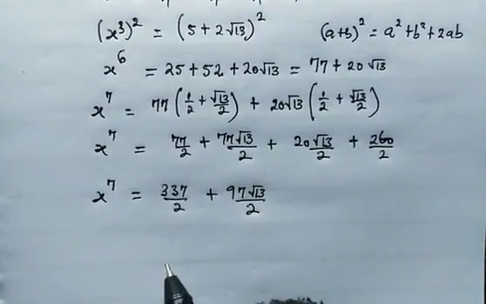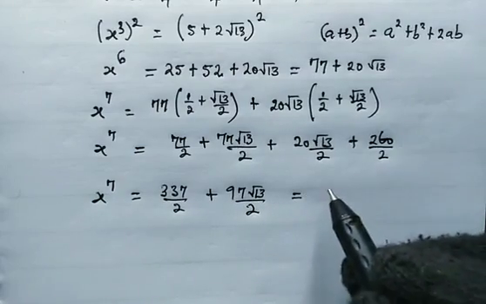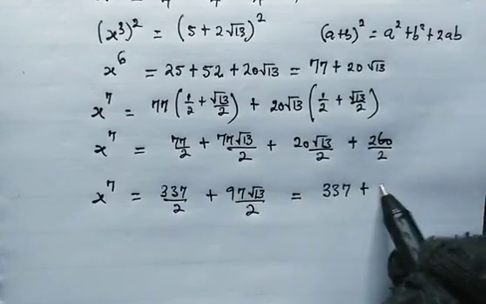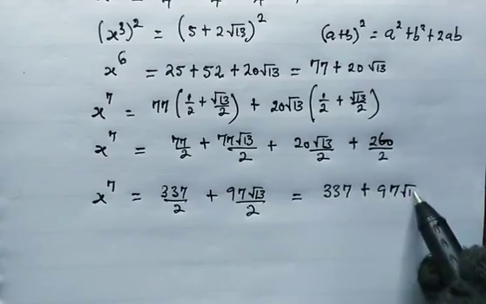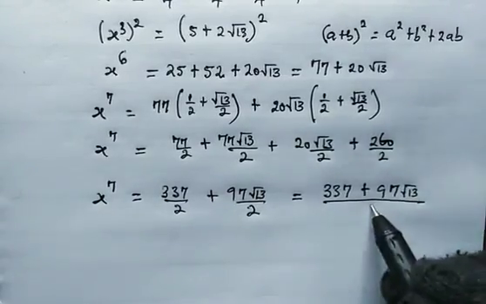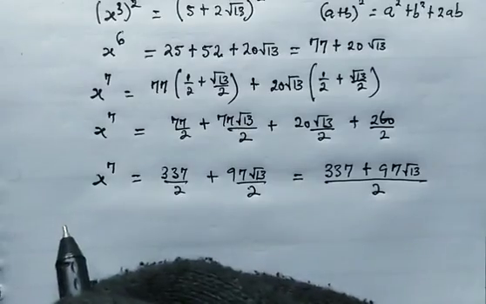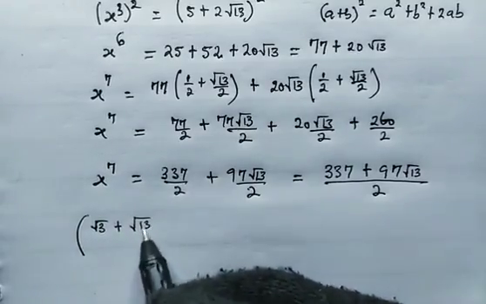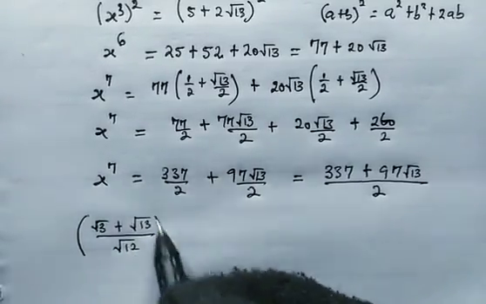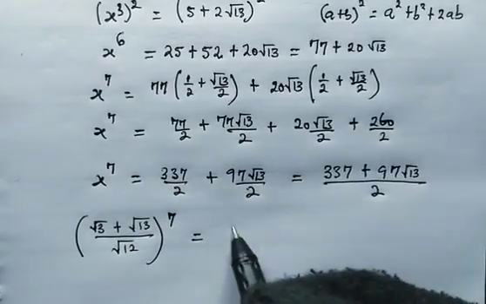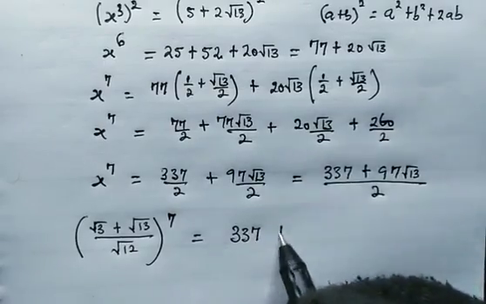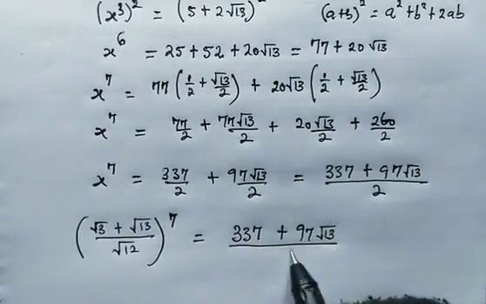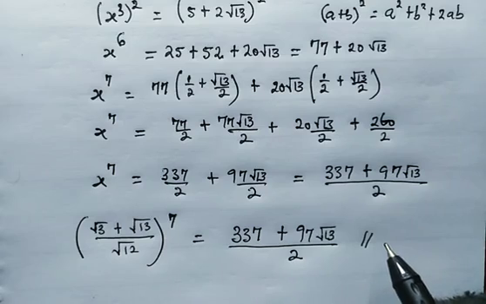And from here, we can make it a single denominator, arriving at 337 plus 97 root of 13 all over 2. And therefore, we come up with a solution that root of 3 plus root of 13 divided by root of 12, to the 7th power, equals 337 plus 97 root of 13 divided by 2. And this is the right answer.